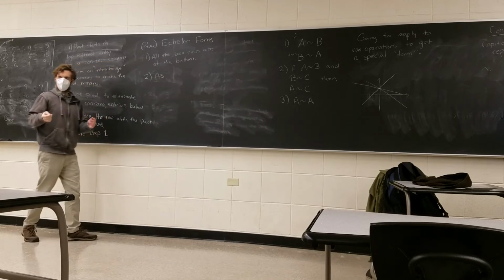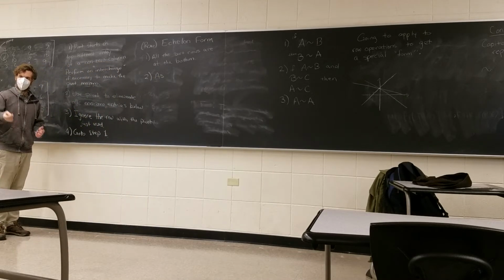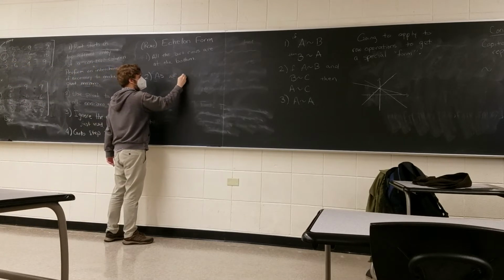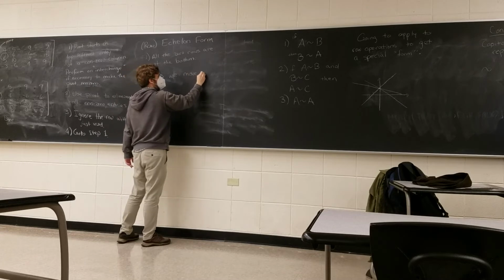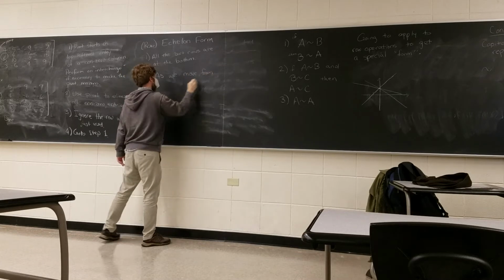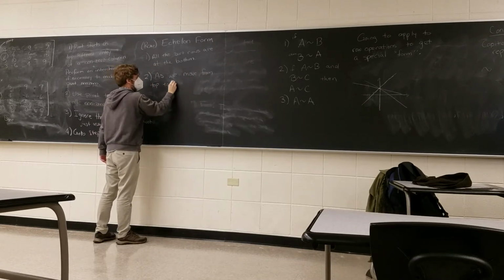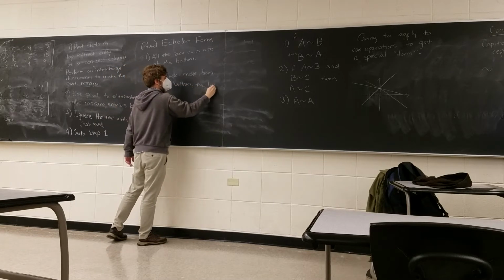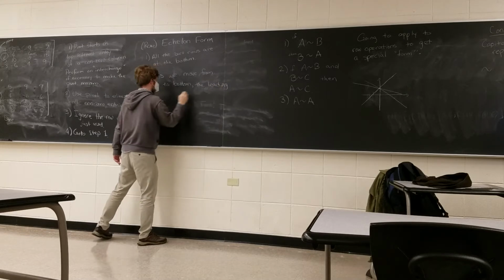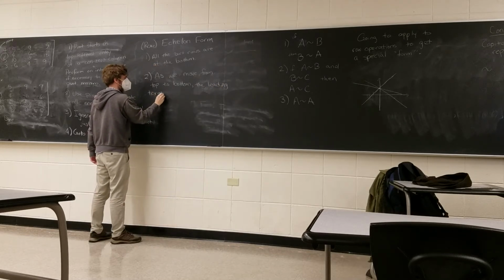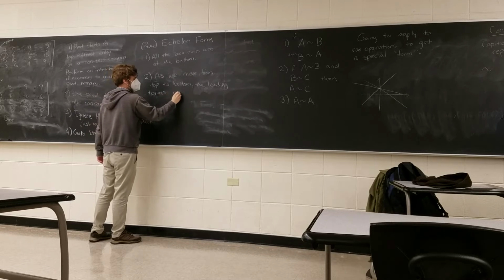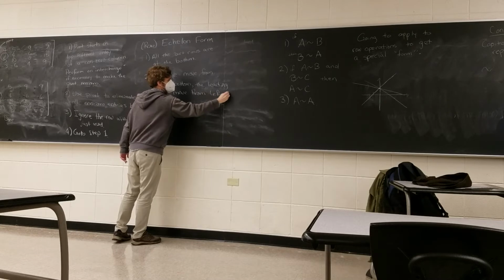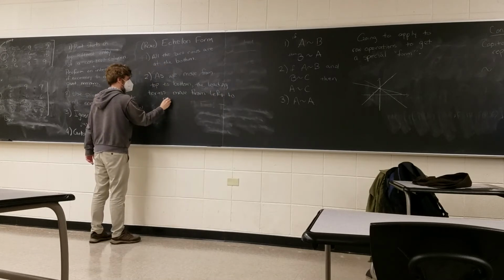So you can and should and must read the book, and it says this in a different way, but I'll say it like this. As we move from top to bottom in the rows, the leading, first non-zero term in the row, moves from left to right.